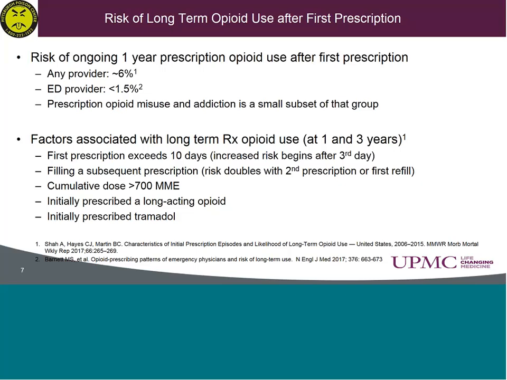And then one of the interesting findings, I think, from Shaw was that the initial prescription of tramadol carries with it an increased risk of ongoing opioid use at 1 and 3 years, which I suspect is not a property of tramadol itself, but of the prescriber having concerns and therefore prescribing what was deemed to be, quote, a lesser opioid at the outset.